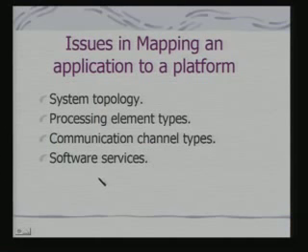On top of that, there are software services. The software services have to be made use of to coordinate the different functions being performed on the different hardware blocks, as well as for invoking those functions.